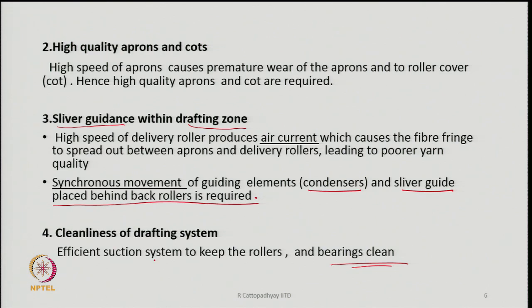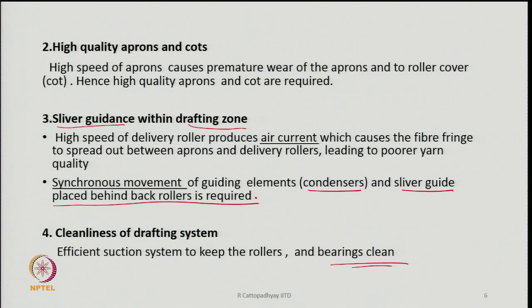You will find that the high speed drafting systems on air jet spinning machines are superior in these respects. Otherwise, it is basically a few pairs of rollers, either 3 pairs or 4 pairs.